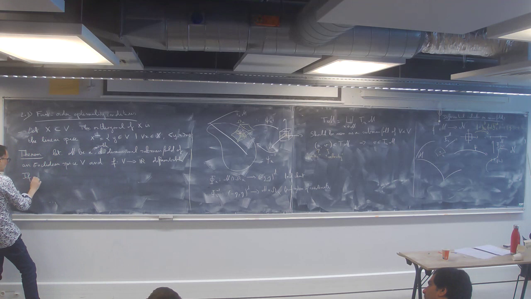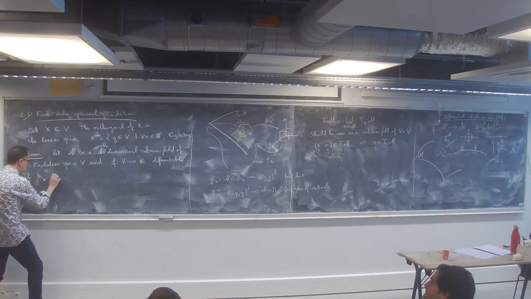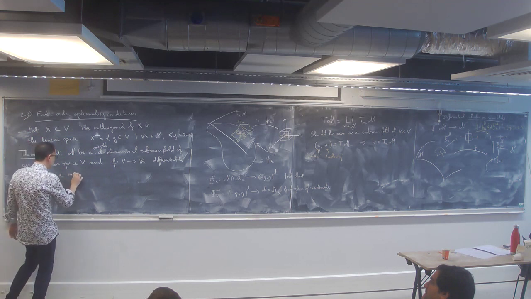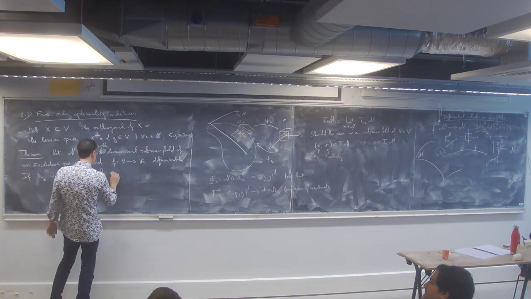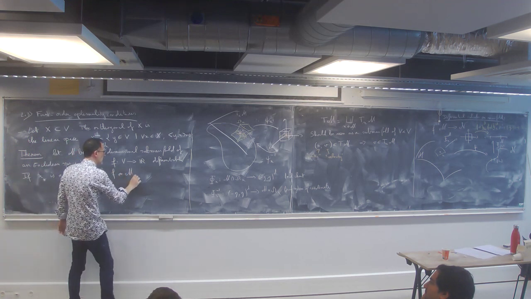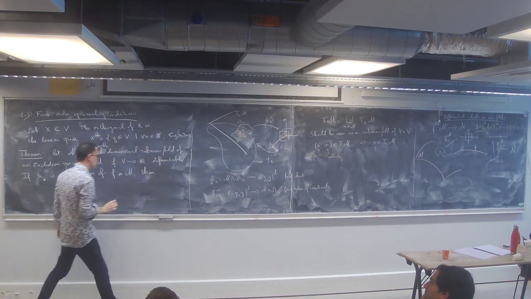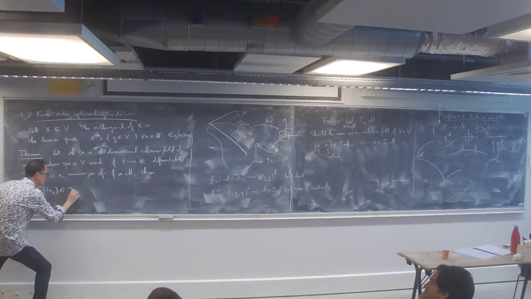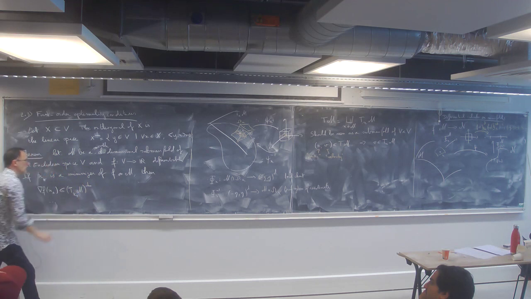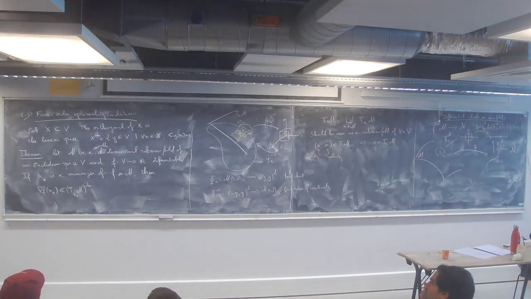Then if x star is a minimizer of f on M, then the gradient of f at x star is necessarily orthogonal to the tangent space to M at x star.